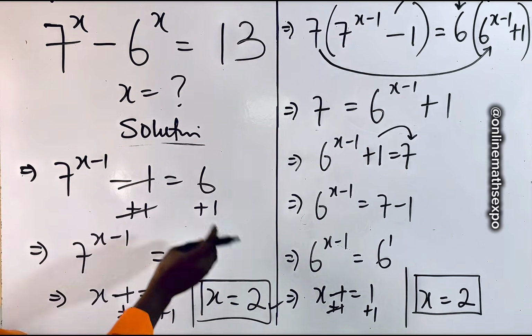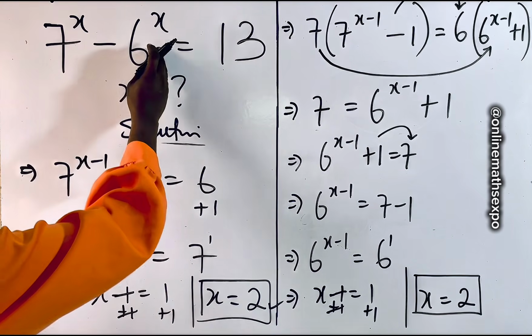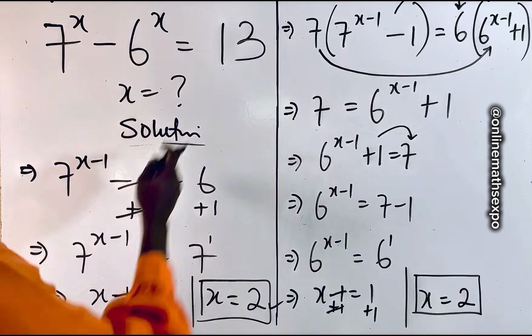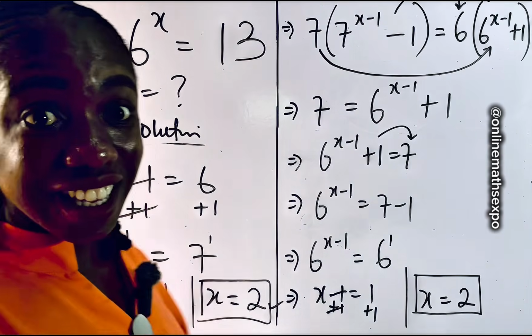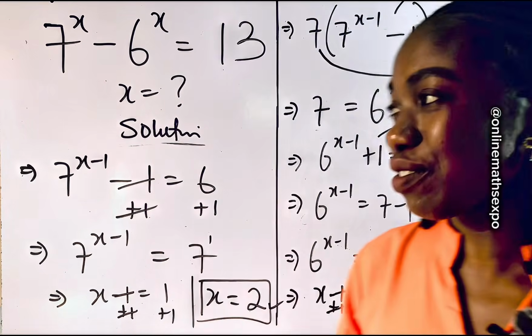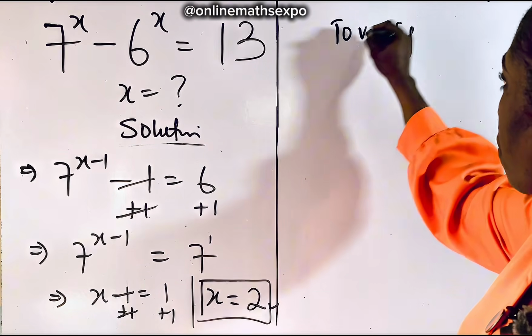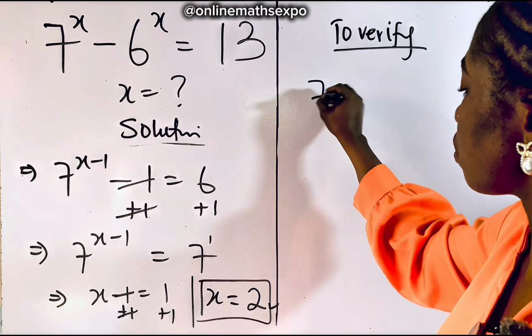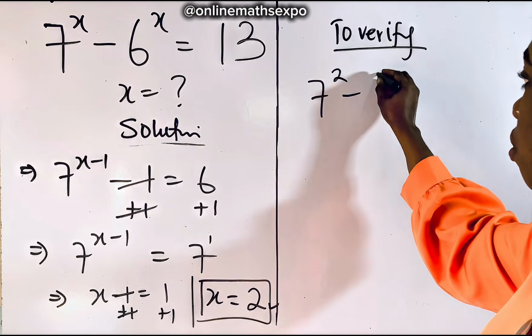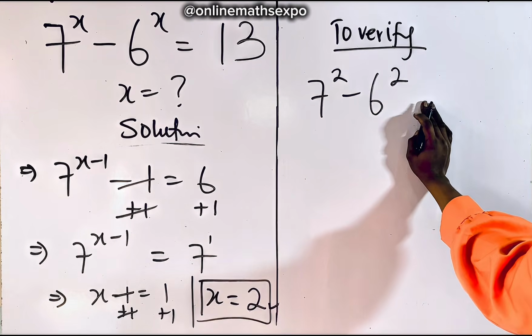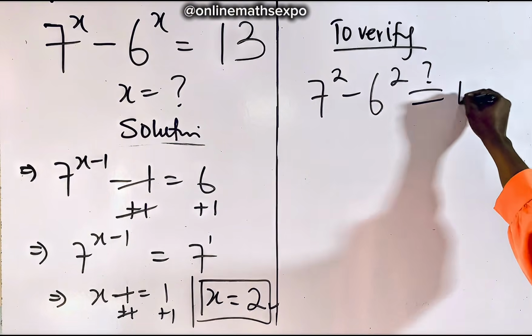So in that case, we are going to plug this value into the left side to see if it gives us back 13. Let's do that together. So we now have to verify. We have 7 to the power of 2, our x is 2, minus 6 to the power of 2. Will this be equal to 13?